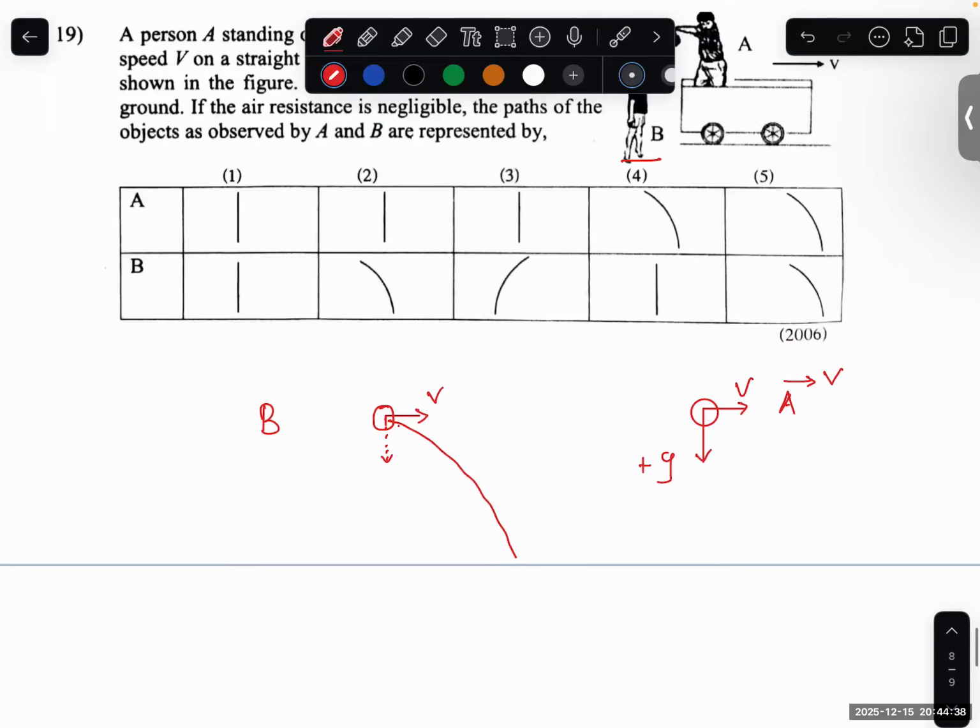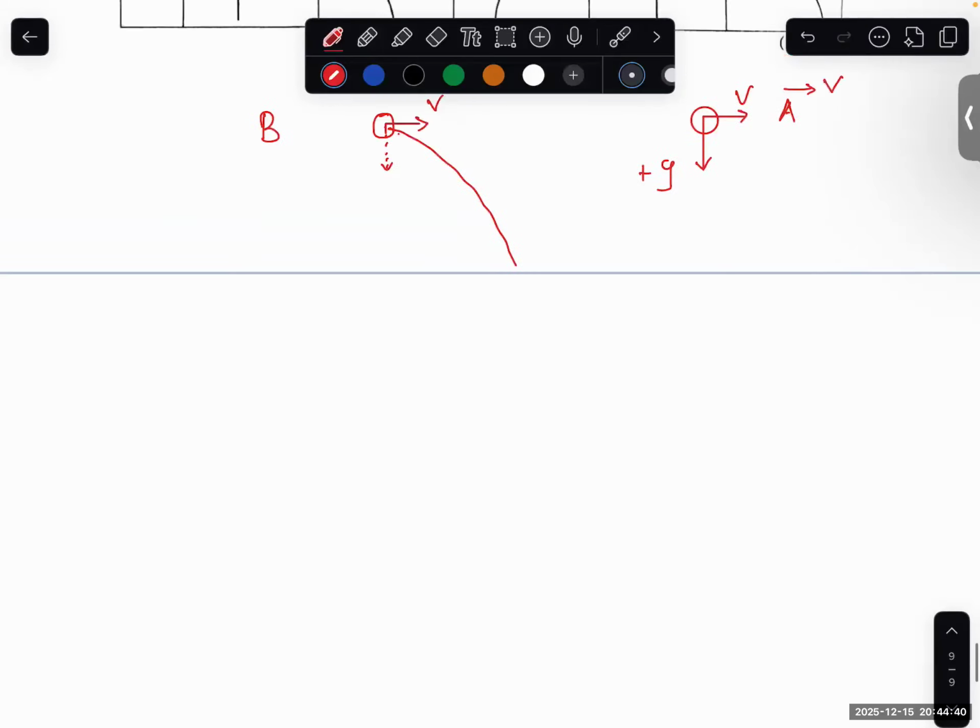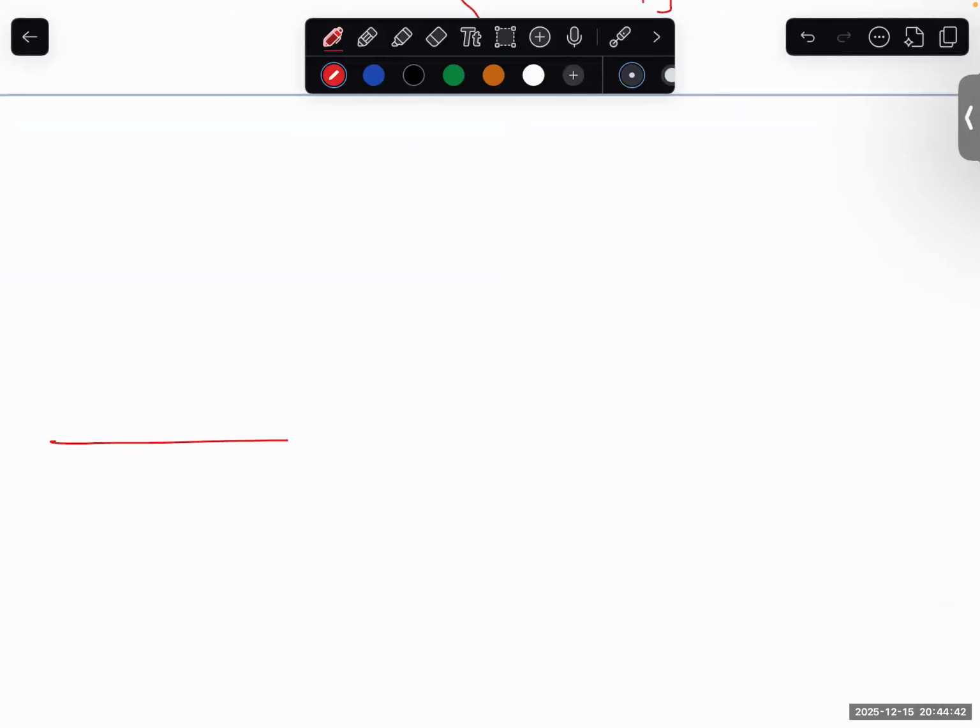Then I gave you a question like this. A ball is thrown, okay? So we will make a line. So along this line, the ball is thrown.